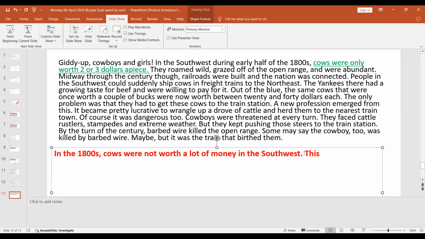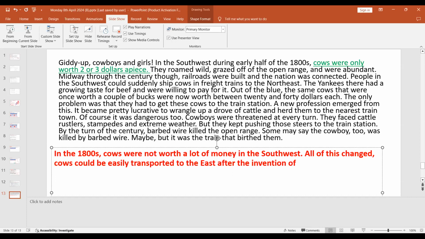We could say all of this changed because of the invention of railroads, or because cows could be easily transported to the east after the invention of what?